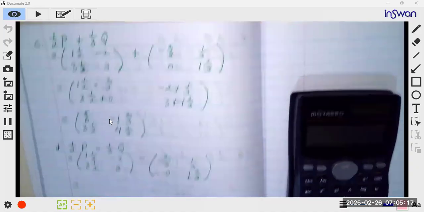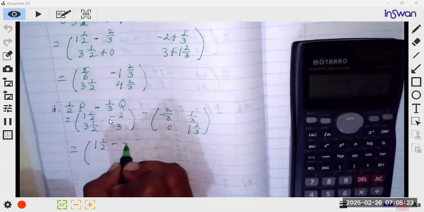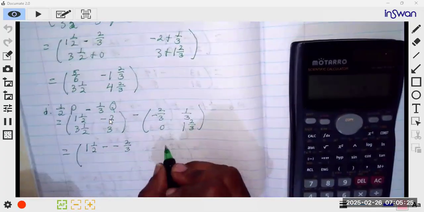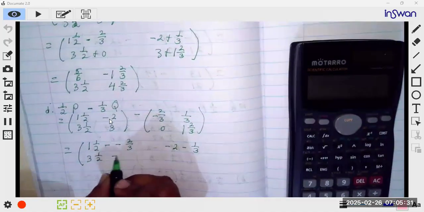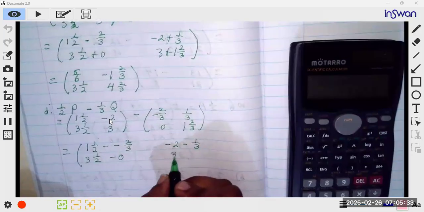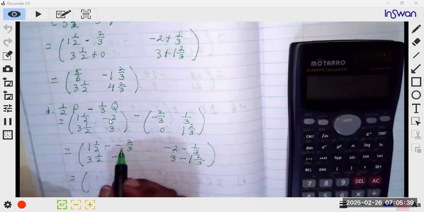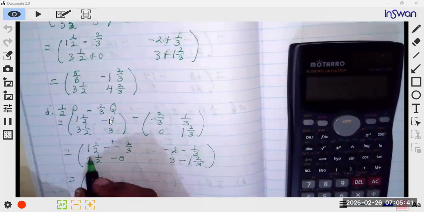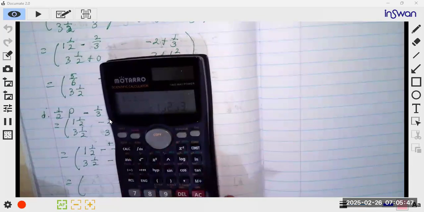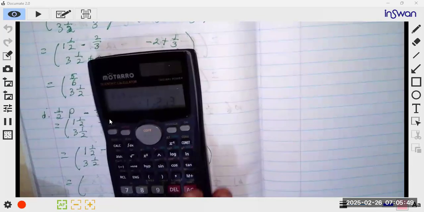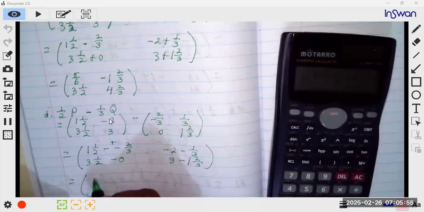So this will be equal to 1.5 minus 2/3, minus 2 minus 1/3, 3.5 minus 0, and 3 take away 1 2/3. So negative and negative is a positive. So 1.5 plus 2/3. Let's see, 1 over 2 plus 2 over 3. So the answer will be 2 1/6.